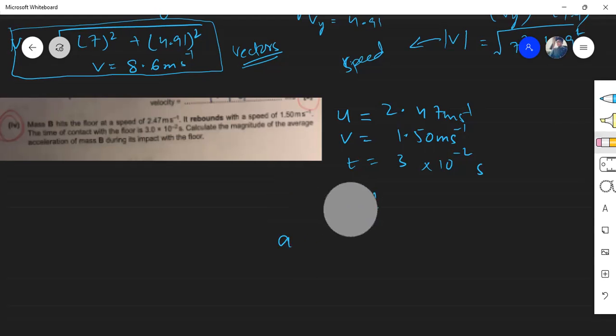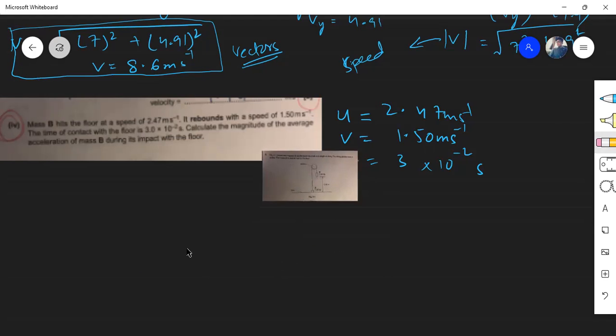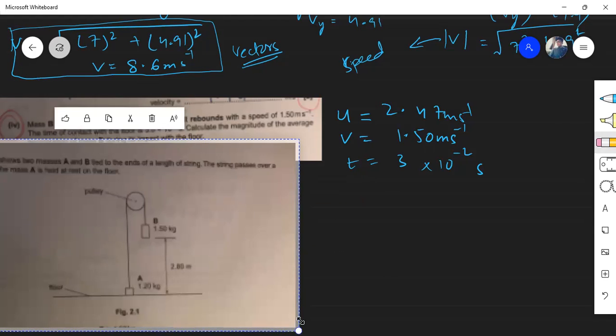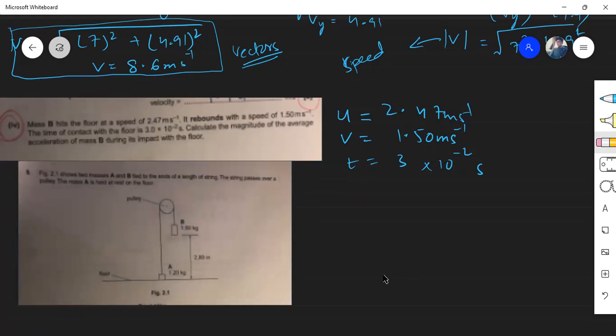So this is the question. From this question, there are two masses and B is released. You've done all of the rest of the parts, I hope you've done them correctly.